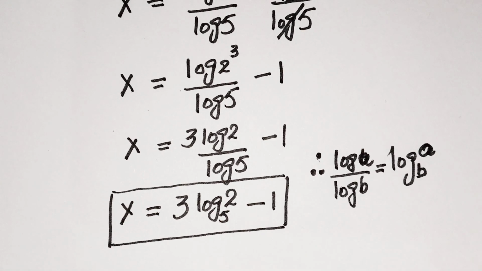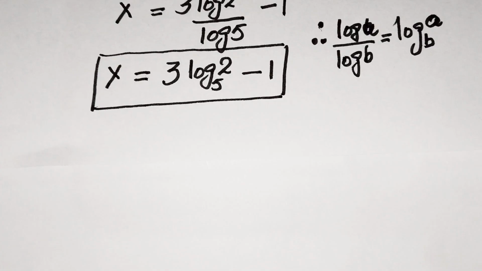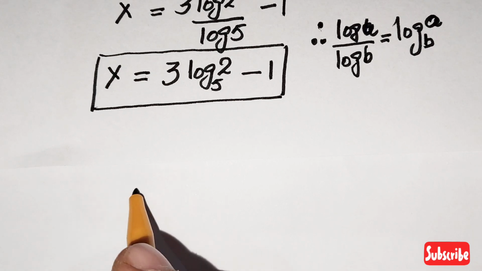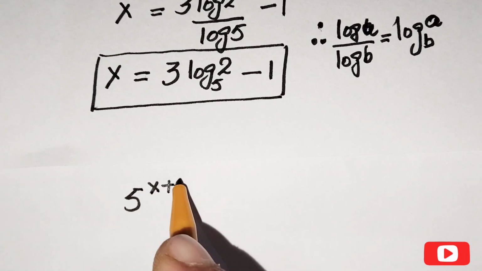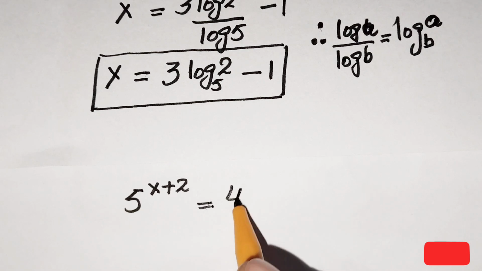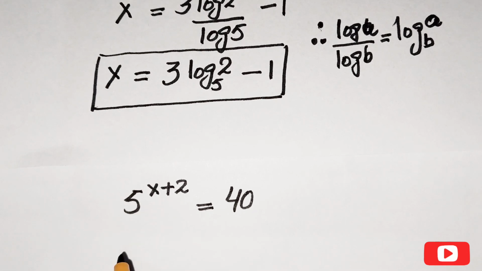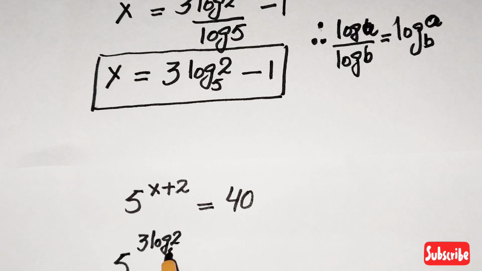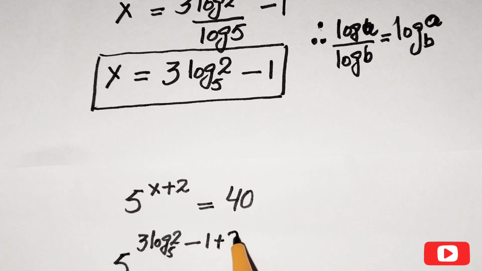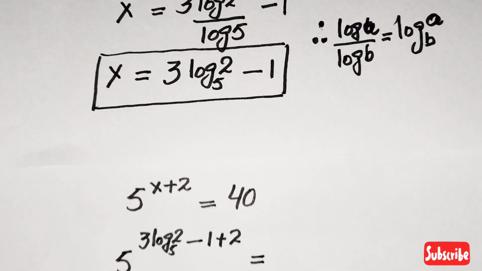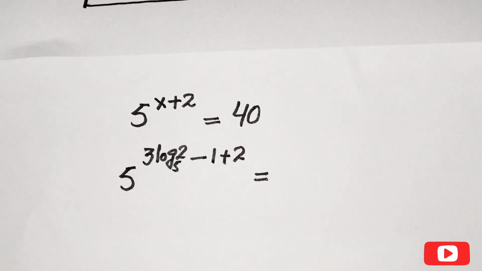Now we are going to check this value in our problem so we can verify our result. Our problem is 5 raised to the power x plus 2 is equal to 40. We are just going to put this value of x here, so for x we use 3 log 2 with base 5 minus 1, and here it is plus 2, which is equal to 40.